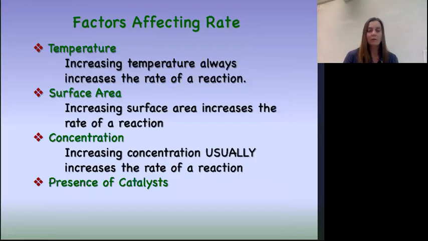And so that's one of the ways that catalysts can make reactions go faster. So increasing temperature always increases the rate of a reaction. Increasing surface area also always increases the rate of reaction. Concentration usually increases the rate of a reaction, and a catalyst increases the rate of a reaction.